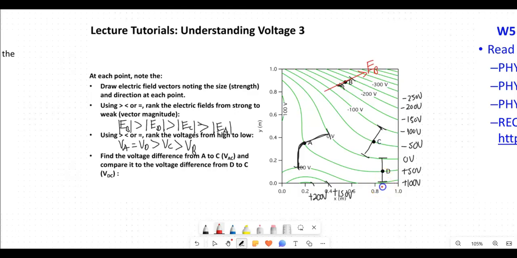Then we have D's electric field vector, which is going to be the next largest. And then we have the third largest, which is this one, electric field at C, which I'll draw off to the side here. It's going to be smaller than D.